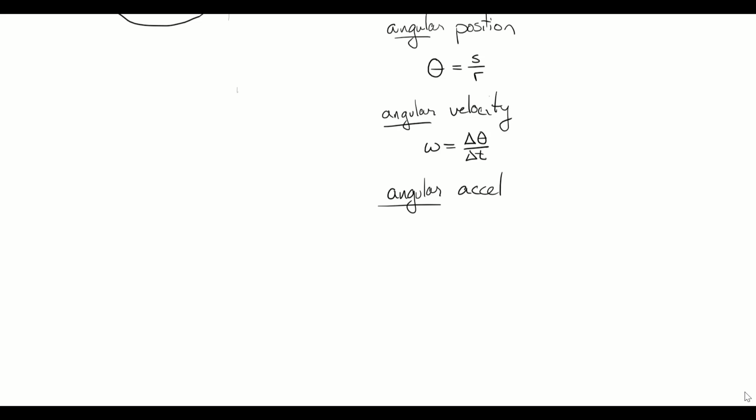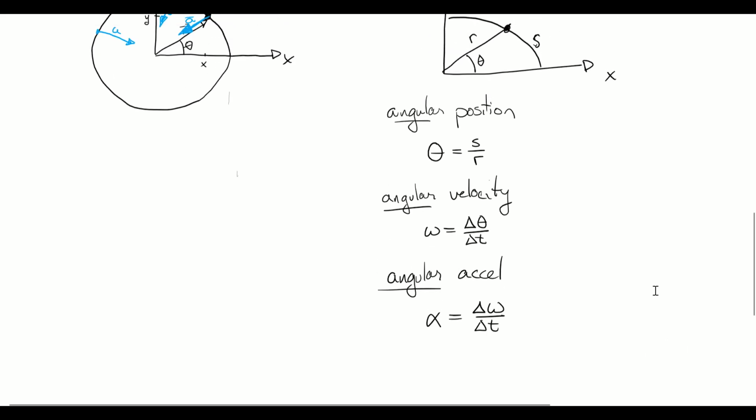Again, angular being the key word here, and we would use alpha and define that as the change in the angular velocity over the change in time. But you can hopefully see that we're just going to do the same sort of thing we did with our linear positions and our linear velocities and our linear accelerations, but we're going to use these angular terms.